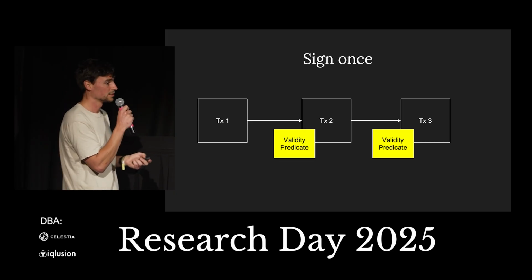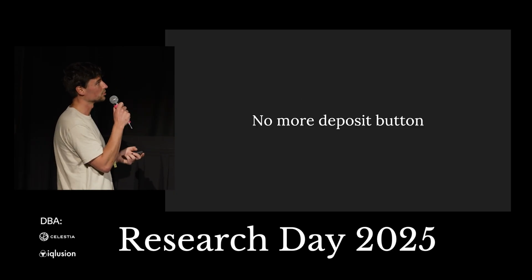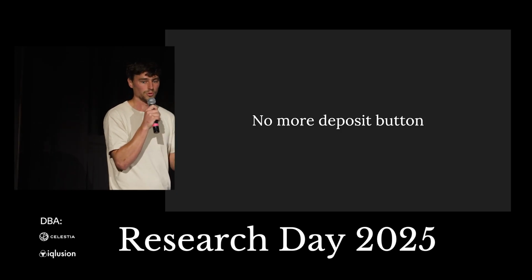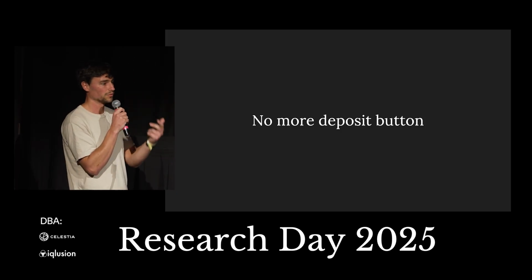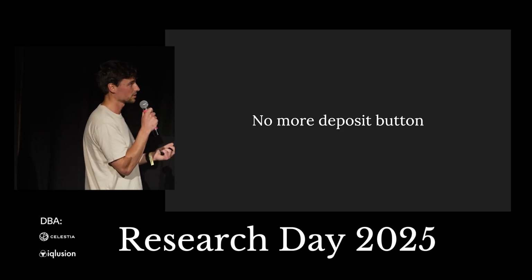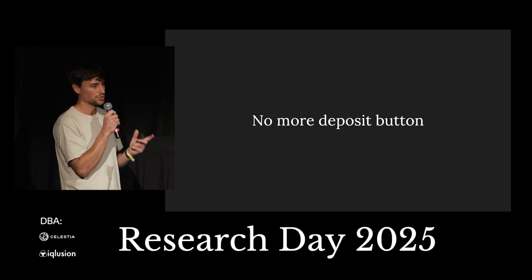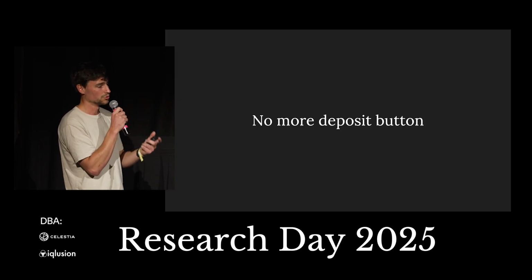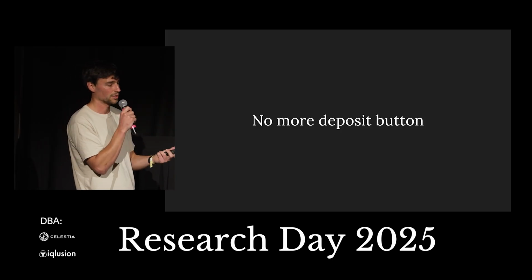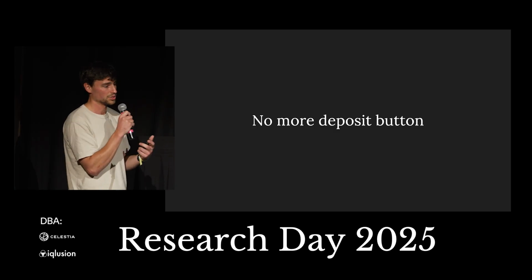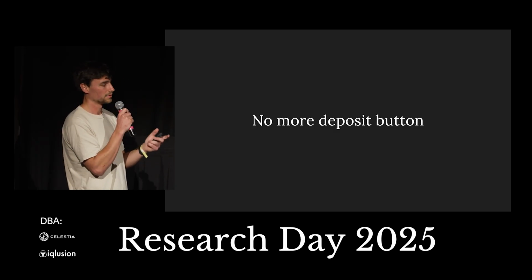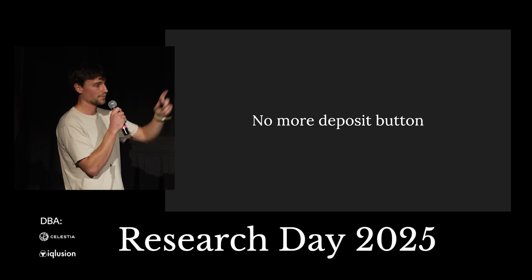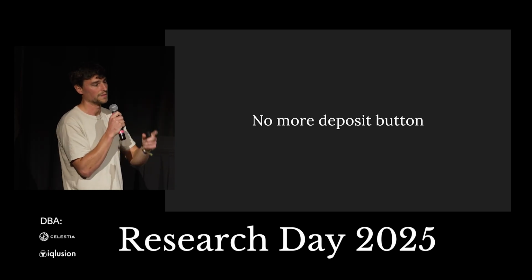And this can actually lead to some very powerful things that I think we should be working on, which is removing the deposit button. Often when you open a new page or a new application, say it's a game, there is this flow of moving your assets across as a deposit. If we can have atomic transactions cross-chain, then say the user is on a lending protocol, they can just hit supply to the pool, and the backend already works out that they need to move the asset they have on some other chain to here, and then perform that action.